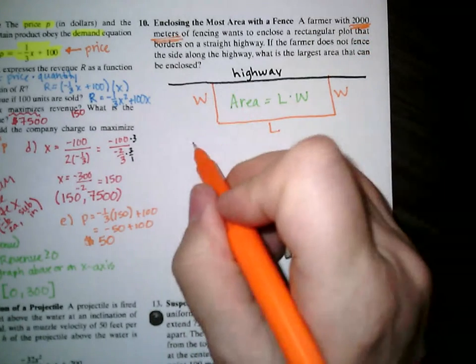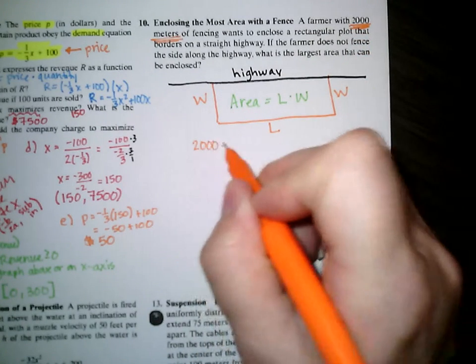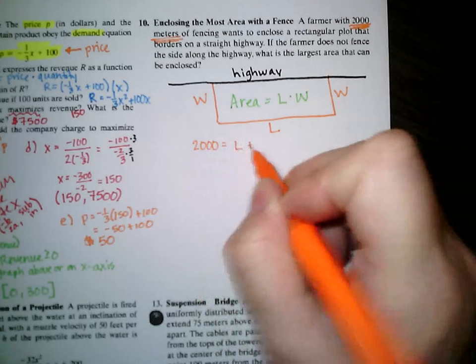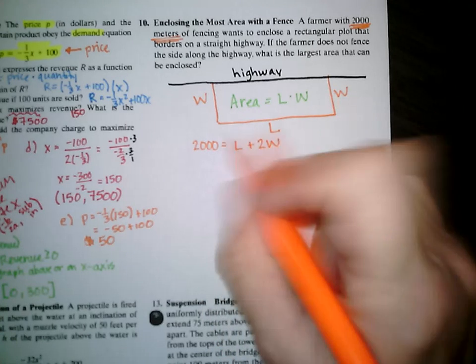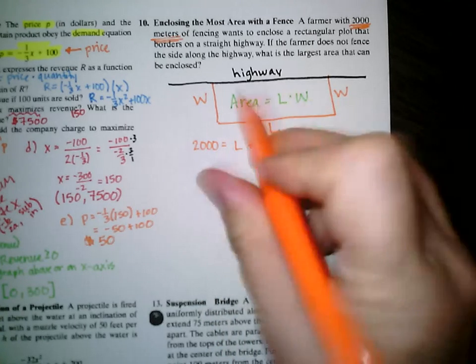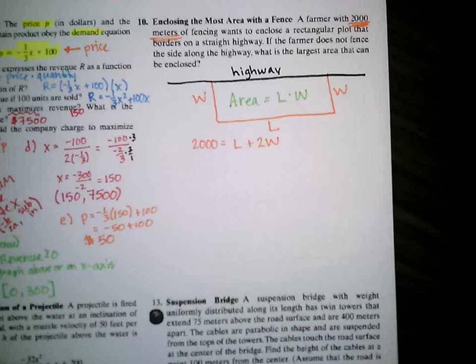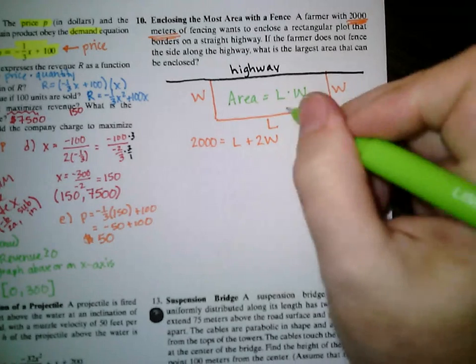But what we are doing is saying that 2,000 meters would be equivalent to the length plus 2 widths, because we're not going to fence this other side.